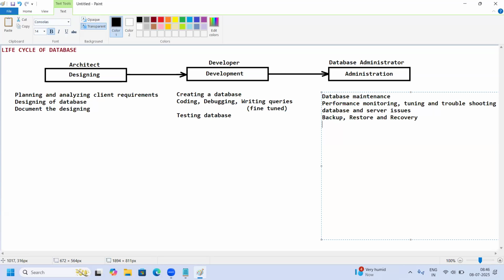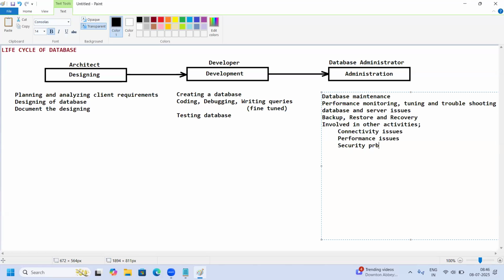He is also involved in other activities. What activities? Connectivity issues, he is the one who resolves. Performance issues.